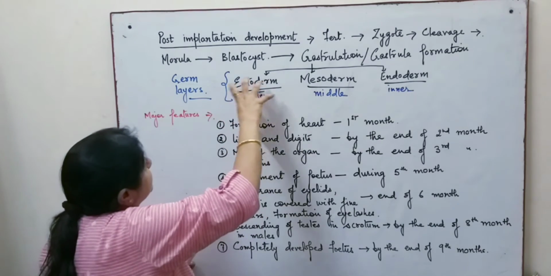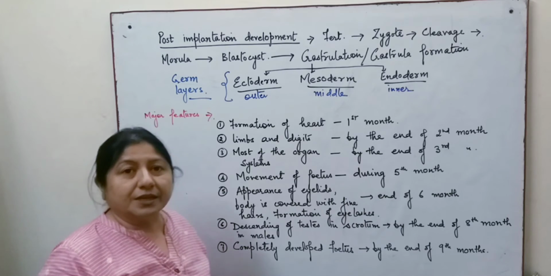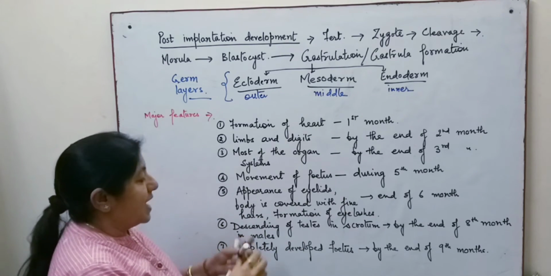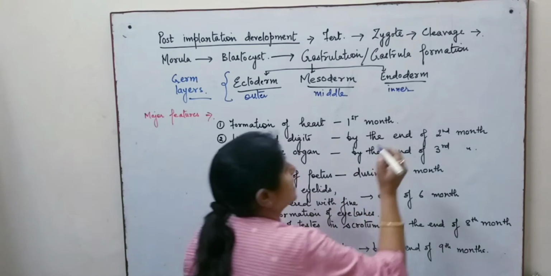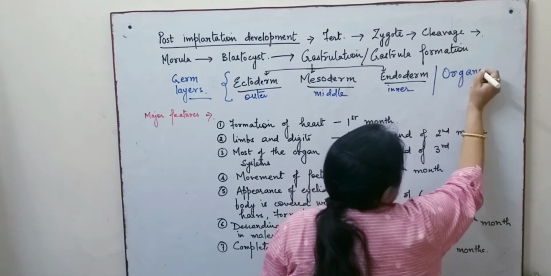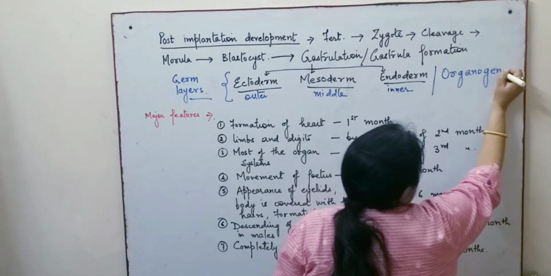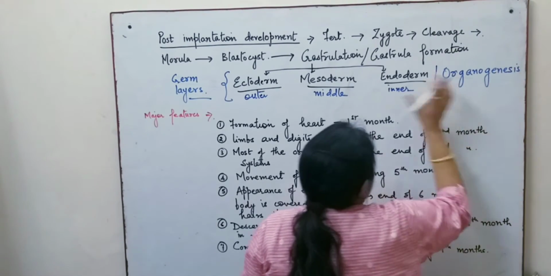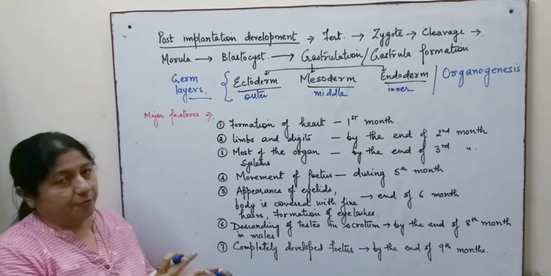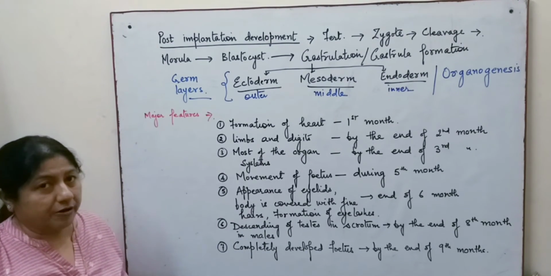So these three different layers will show various kinds of rearrangement of the cells, and that process is known as organogenesis, where the cells are arranging themselves in the formation of various kinds of organs.